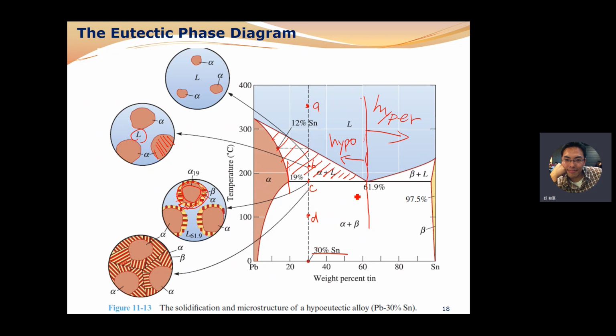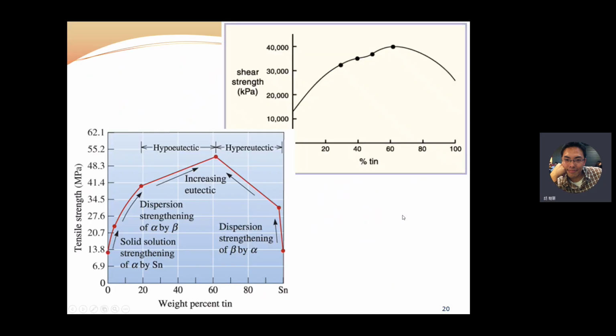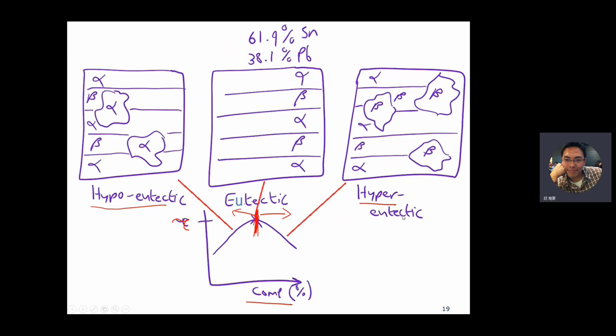Okay, so you can try to plot the microstructure if I draw a composition line right here. Can you point out what the microstructure is here, here, here, and here? I'll just tell you the result: for the hypoeutectic, it's a lamellar structure with alpha solid solution.